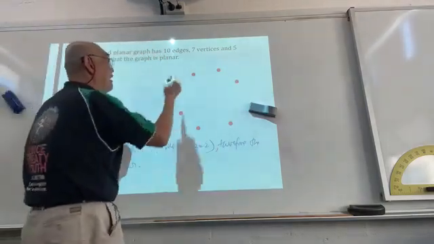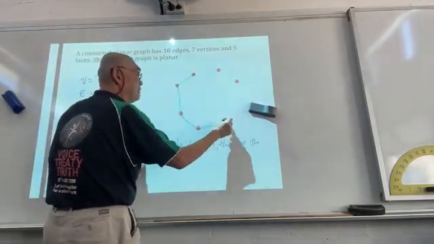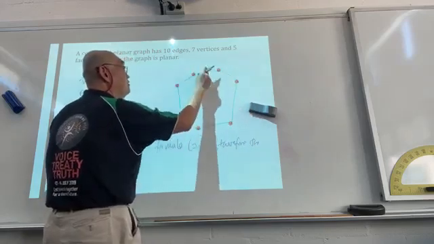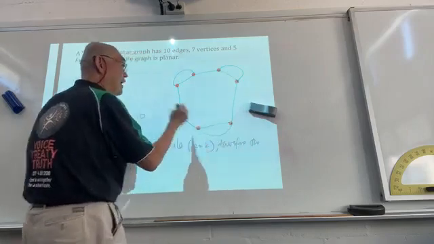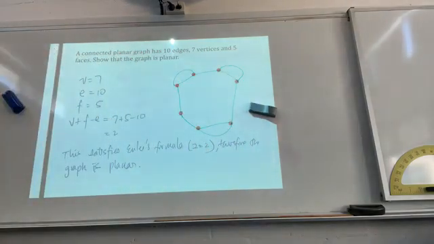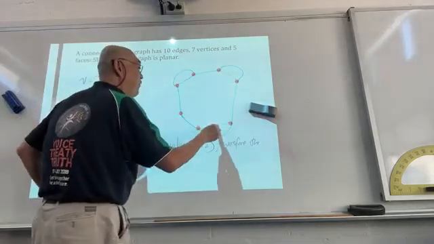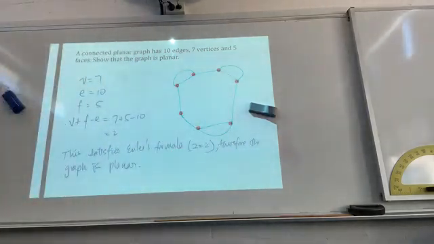Now, if that's not the way that you want to draw it, you can draw something else, somewhere else. Like, I will still connect that. So I got 1, 2, 3, 4, 5, 6, 7, 8, 9, 10. That's another way of doing it. So I still have 1, 2, 3, 4, and 5 faces. Alright?